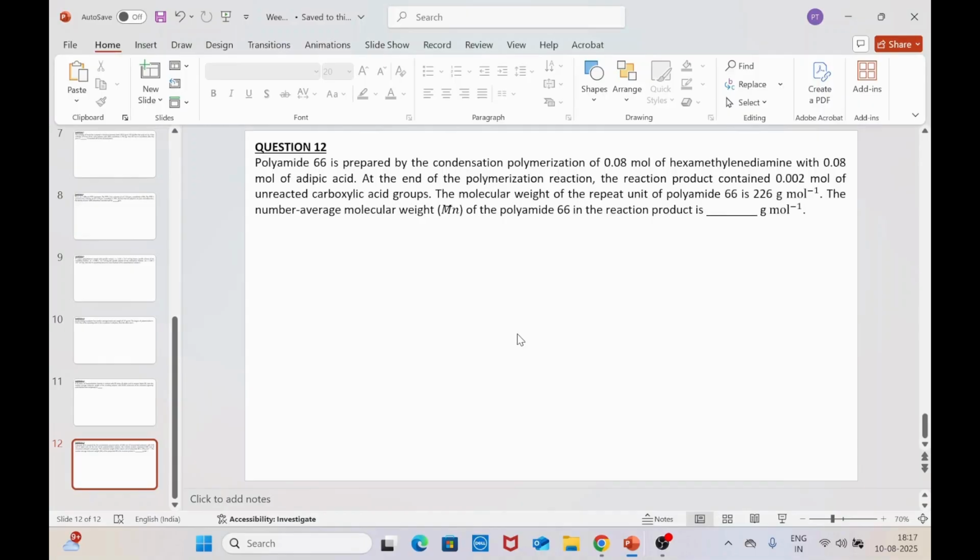This is supposed to be easy. What is the value of P? P is nothing but the conversion percentage or the formula.